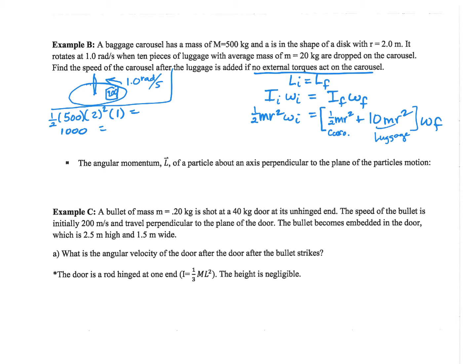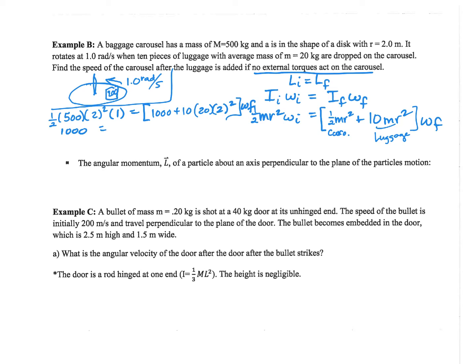All right, so now we got to do this carousel. We know this is 1,000 because we just found that, plus 10 times 1 bag. So how big is 1 bag? 20, and it's sitting out along the edge, isn't it? So that is 2 squared. And this is times what?